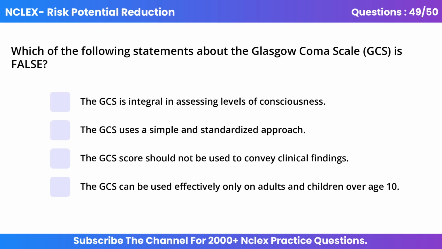Question 49. Which of the following statements about the Glasgow Coma Scale, GCS, is false? D. The GCS can be used effectively only on adults and children over age 10.